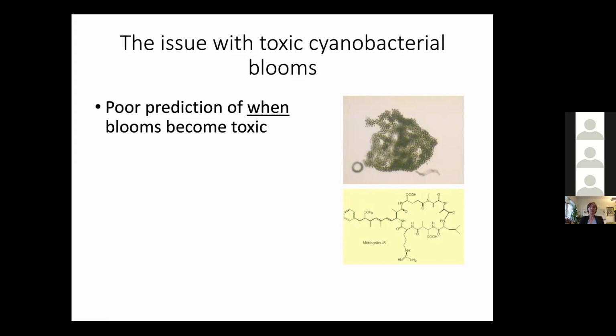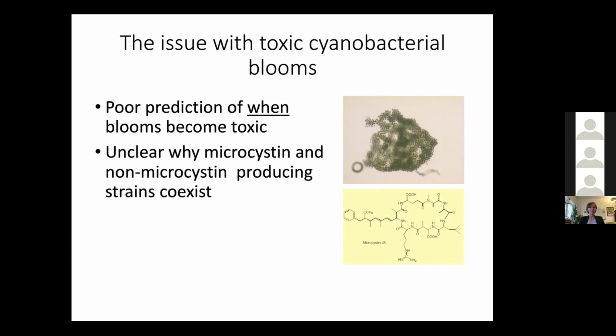That is, we don't always know when in a season, or even if one particular lake will get toxic blooms or not. Part of this is that some of the strains within the species do not produce any toxins at all. So the question is, why do we have both toxin-producing and non-toxin-producing strains, and how can those coexist?